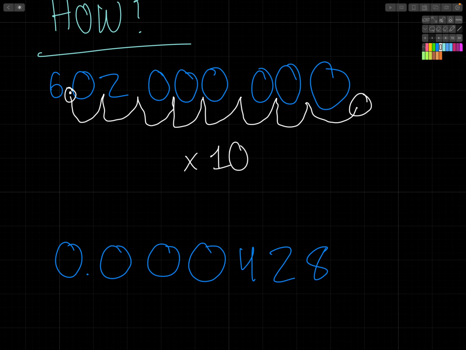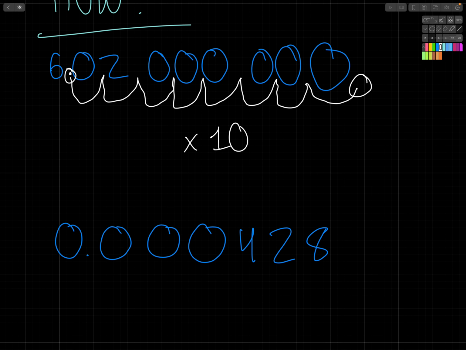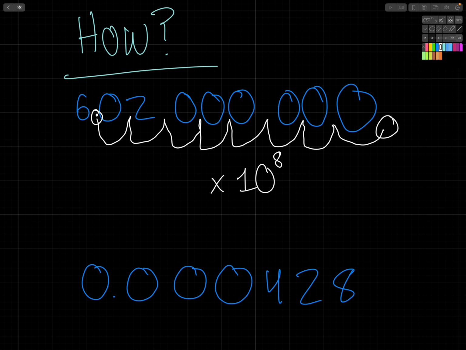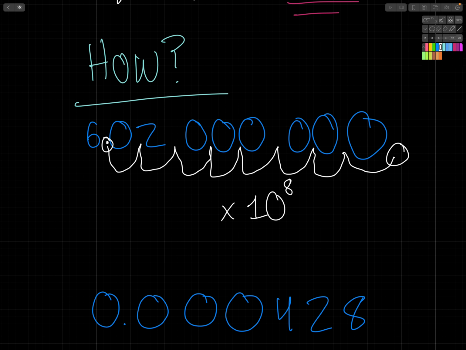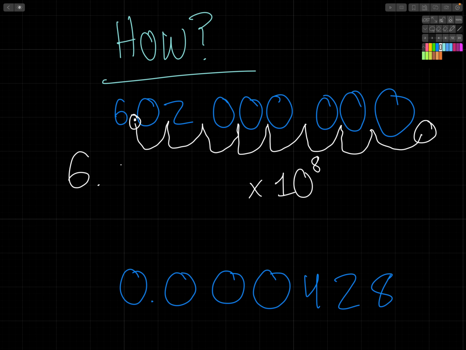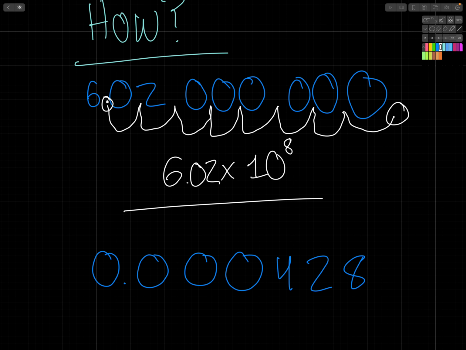So in this case, it was 8 times. So we write 10 to the power of 8. And then you look at the number here. So here we see that the number is 6.02. And like the numbers after, they don't matter. So you see how when we put the decimal place here, this is the number that it becomes, 6.02. So you place that 6.02 into here. And this is how you get it in scientific notation.